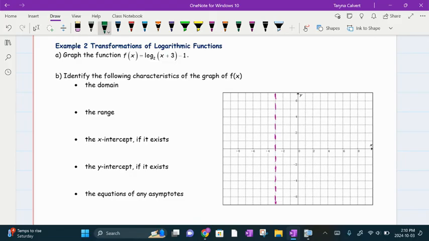So you do need to reason your way through that, looking at the function to be able to answer all this. So I know I'm saying don't draw the graph, but we're still reasoning the graph. So therefore the domain is x is greater than -3.